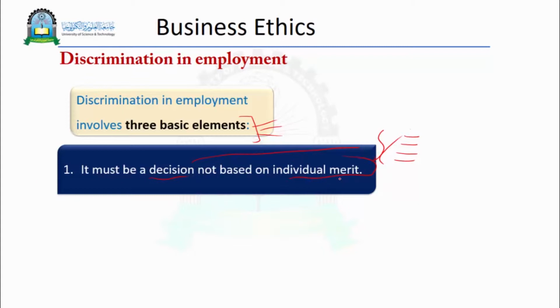For example, instead of dealing with employees regarding these good qualifications or features, we deal with them regarding their color, religion, country, nation, ideology, etc. So this is what we refer to as discrimination in employment.